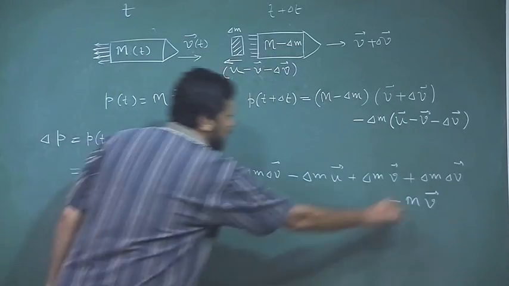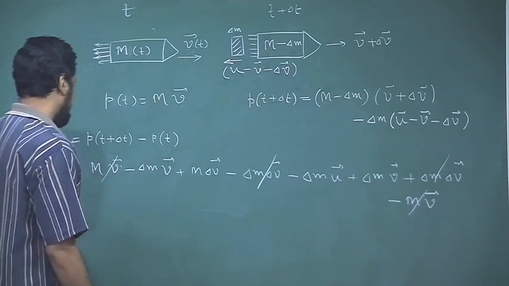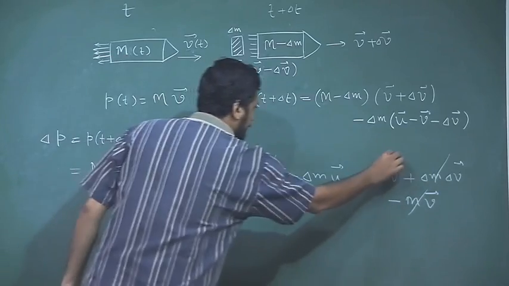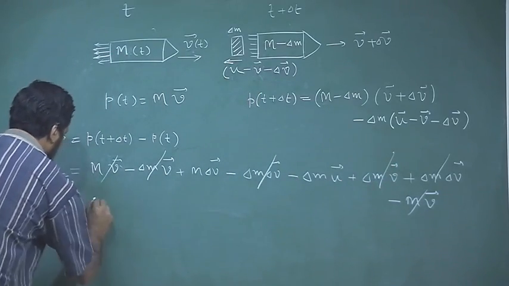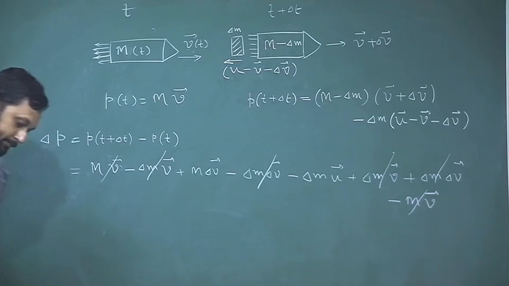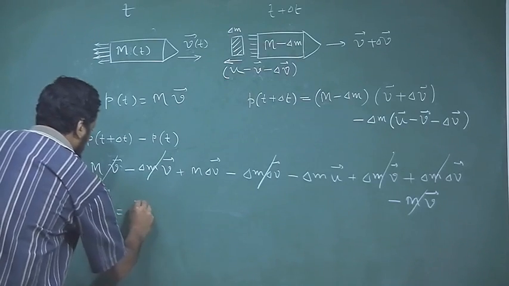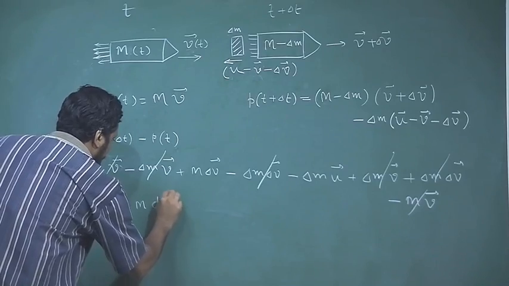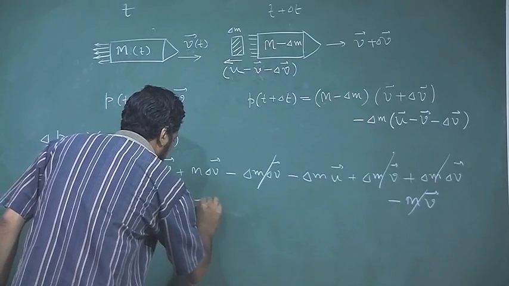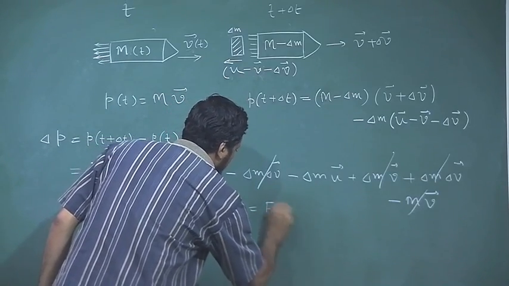Immediately the Mv cancels out. The delta m delta v terms cancel out nicely, and the delta m v terms also cancel out, leaving behind, writing dp dt, M dv dt minus u dm dt, which is equal to F external.